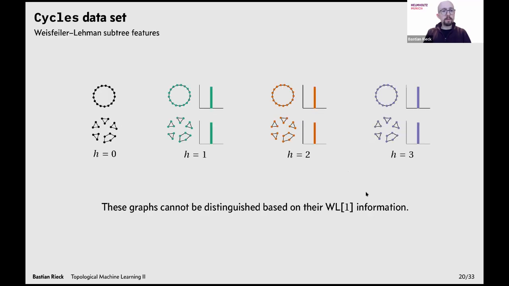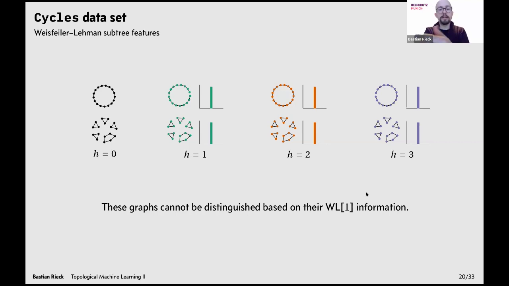And we can see why that is the case. So for instance, if we take our WL subtree features and we count, for instance, the number of degrees in the graph, you will see that this indeed does not lead to anything, right? So regardless of how deep we go into the graph, I said that the colors stabilize, right?